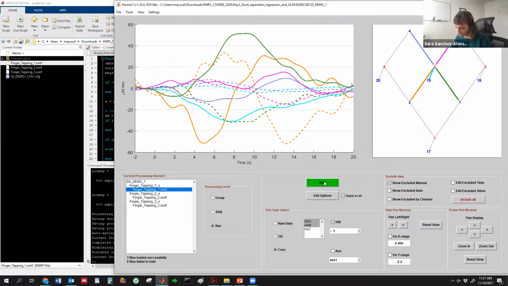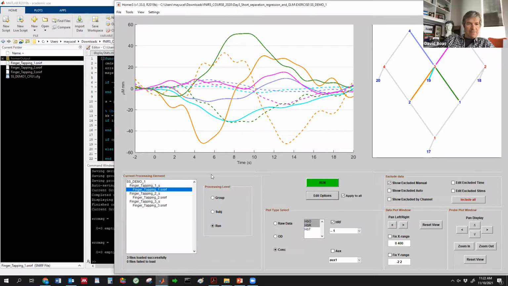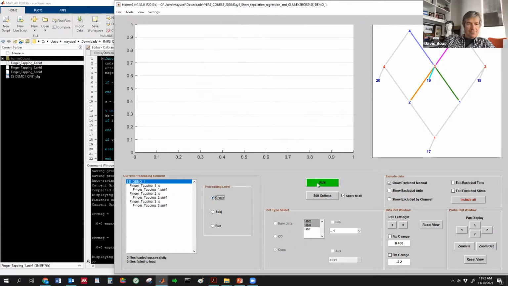Okay, I wanted to just do the group average, and we're running out of time for the exercise, but let me remove short separation regression. I'm going to do the group average.